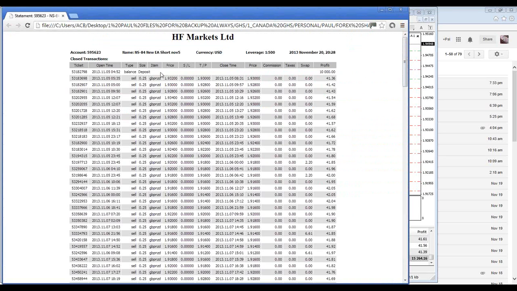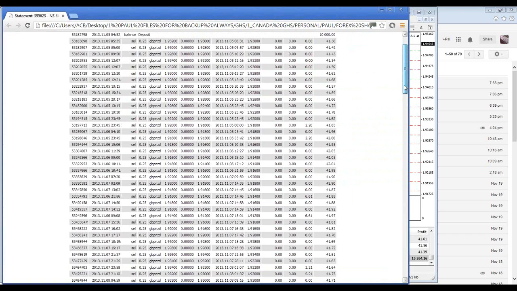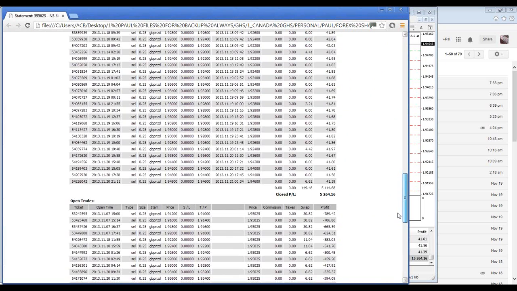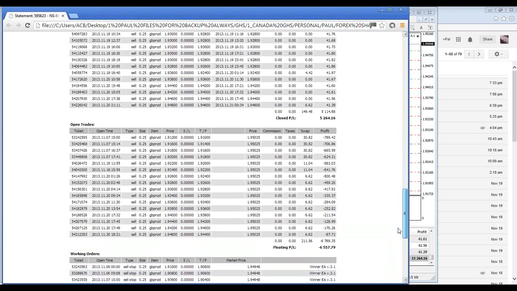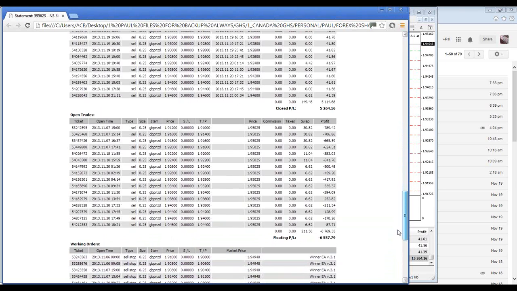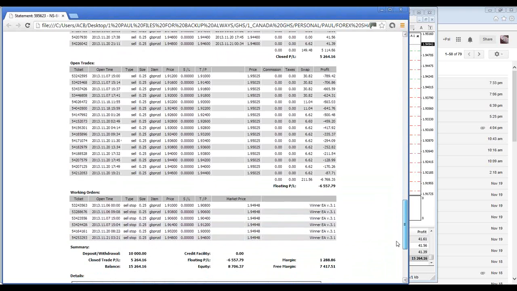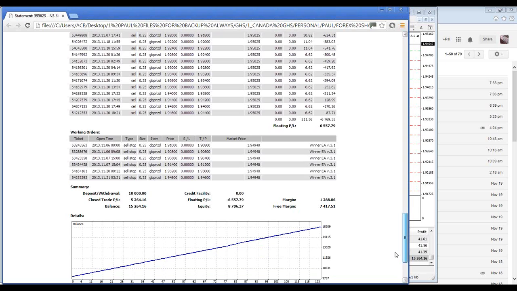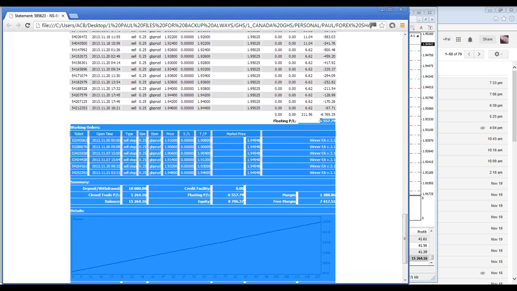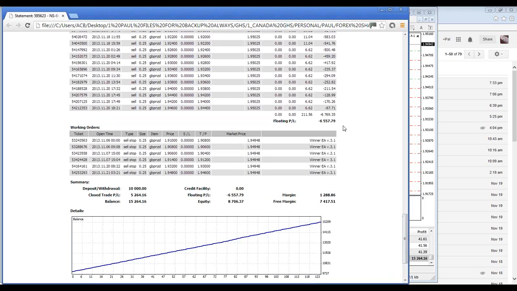It will show we started on November 5th, and 5,200. You have open trades. You have a floating loss of this much, right? That doesn't sound good, right?